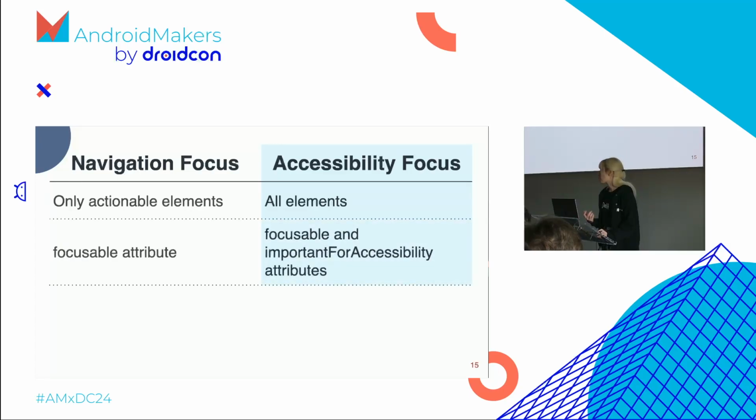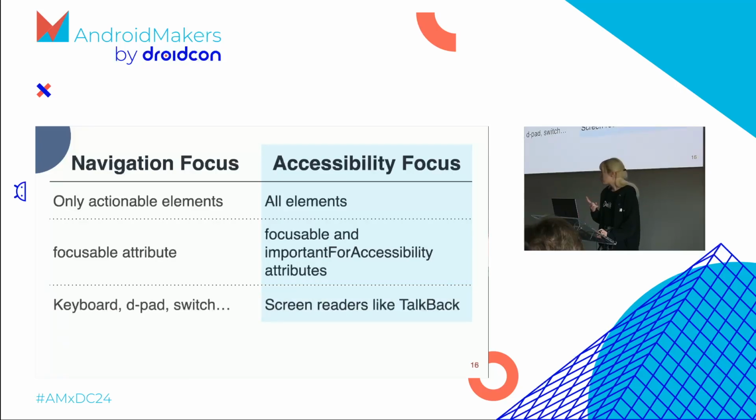Since you don't need, for example, to know more information about the images, you won't need the important for accessibility or content description. And one more difference is that the users don't rely on the same tool. While the accessibility focus will use screen readers like TalkBack that will announce all the elements displayed on the screen, with the navigation focus, you will use keyboards, for example.